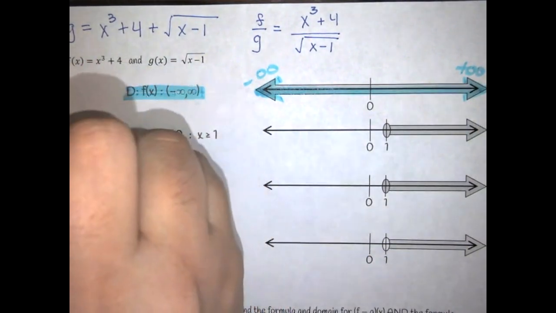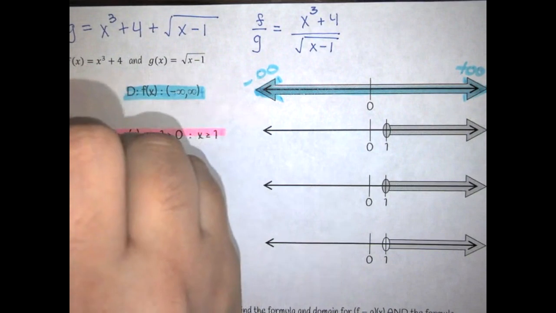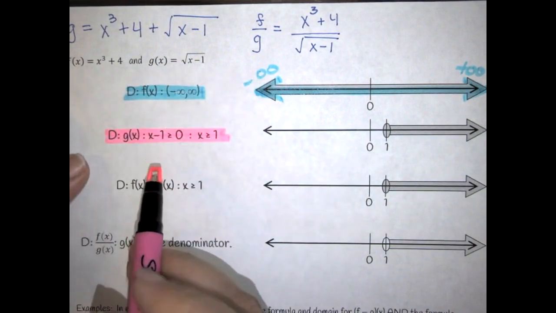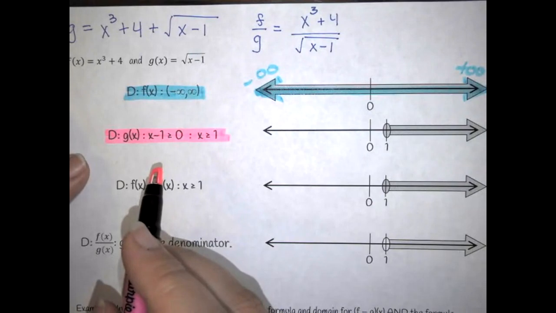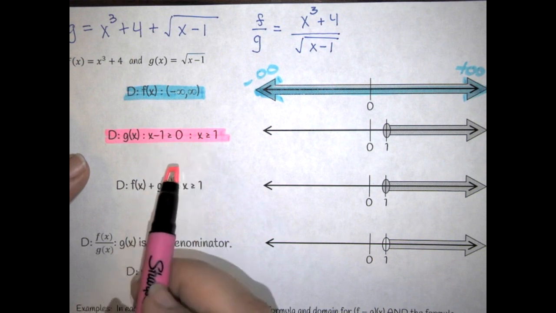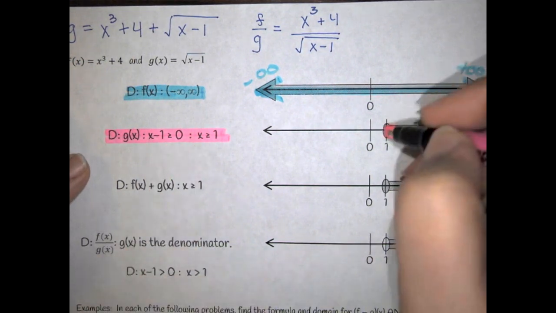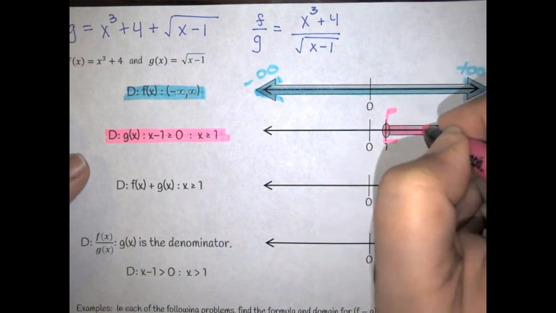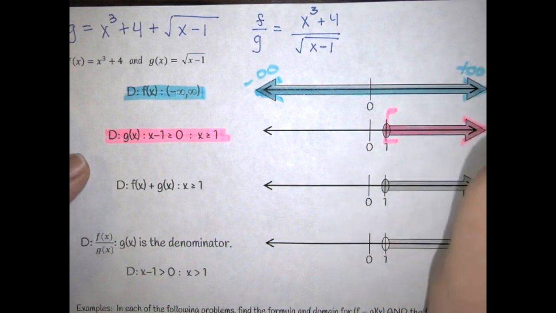So g of x was a radical. And remember the rule for radicals says that the stuff under the radical must be greater than or equal to 0. So here we've got x minus 1 is greater than or equal to 0, so x is greater than or equal to 1. Notice here I'm including 1, and I'm shading everything to the positive.